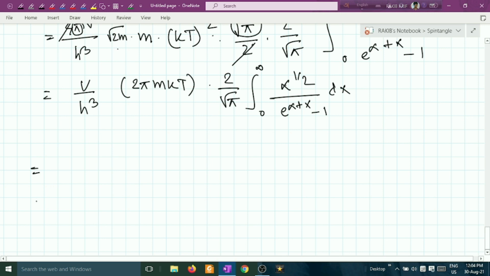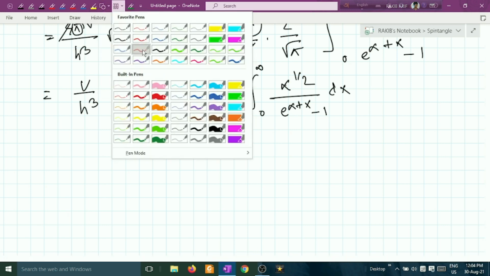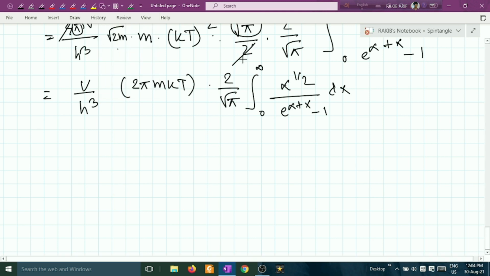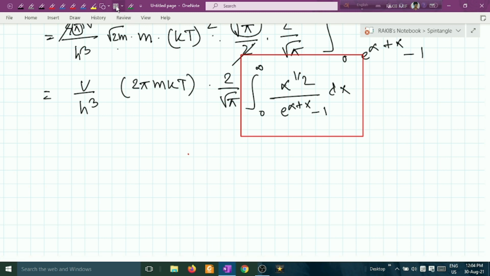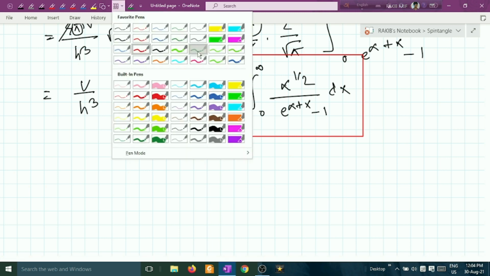Now we know one thing. Just wait, we can write this thing as, say I am taking this integration as a function of x.